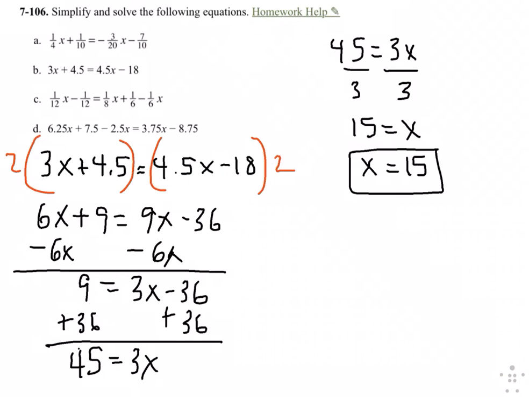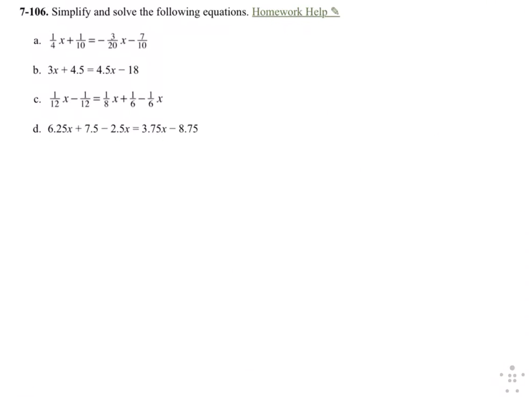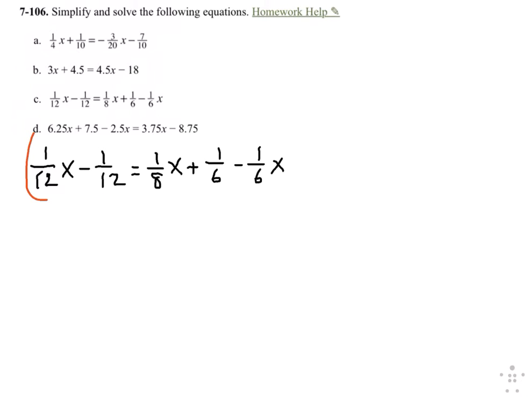Okay, C. I have 1/12 x minus 1/12 equals 1/8 x plus 1/6 minus 1/6 x. For this, let's get rid of our fractions again. We'll multiply both sides, in this case by 24, because we want to find the least common multiple.